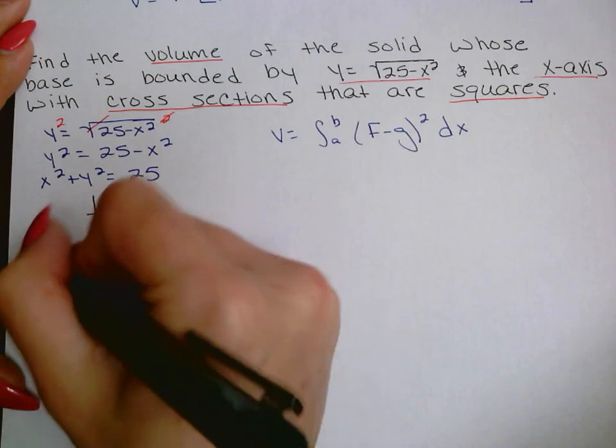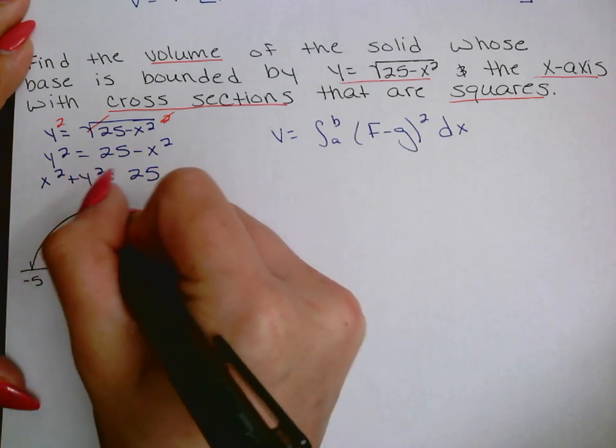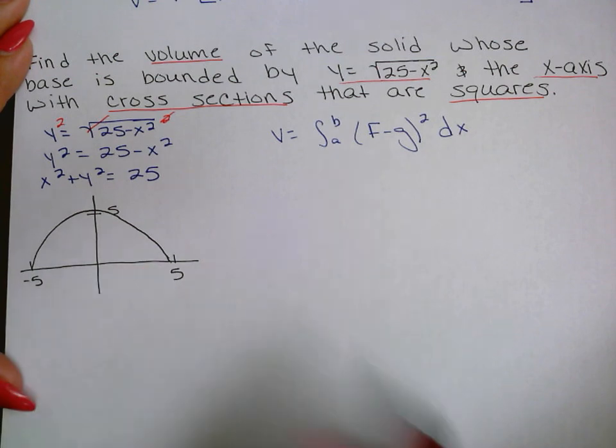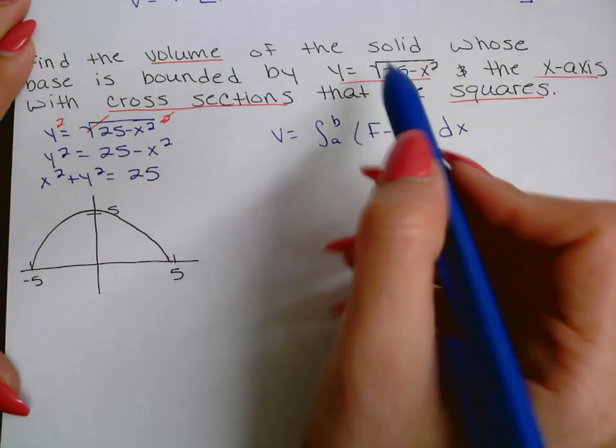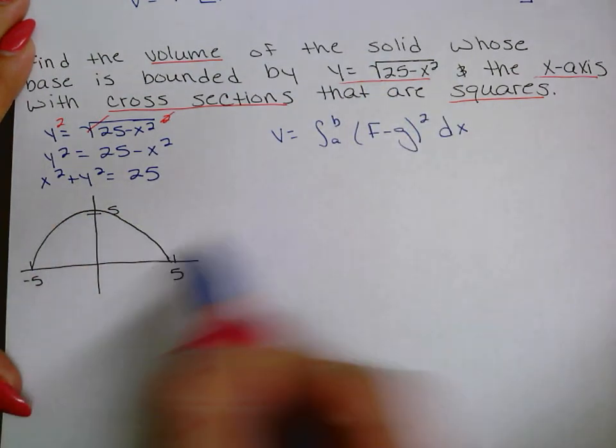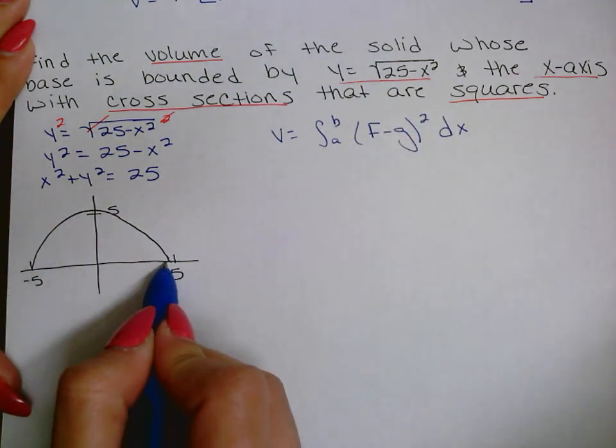So my graph goes, oops, let's pretend all of these lines are matching up. It should hit the 5s. I apologize for my drawing. So that is my base. Now it says my function is bounded between that semicircle and the x-axis.